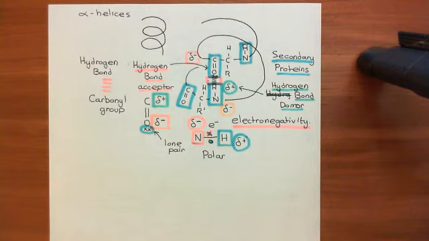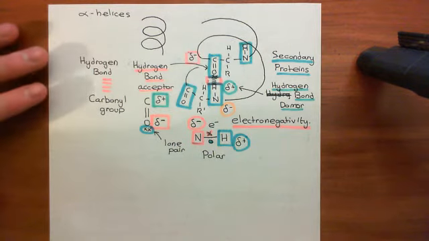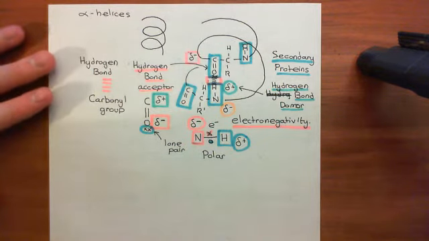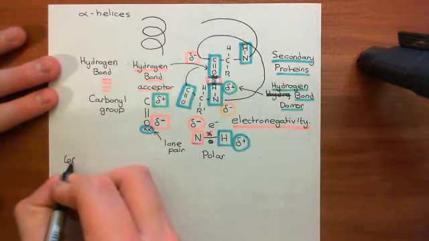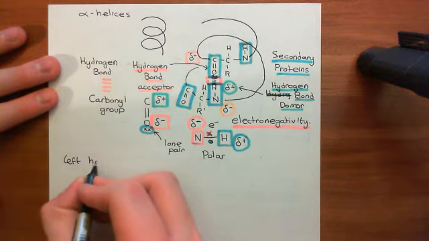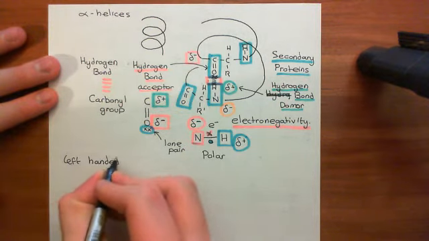Now, that wasn't the bit that I actually wanted to discuss. There is a subtlety here that I want to stress because it's so important with what we're going to actually see in this video, which is that there are 2 different types of alpha helix. There is what's known as a left-handed alpha helix, and there is also what's known as a right-handed alpha helix.